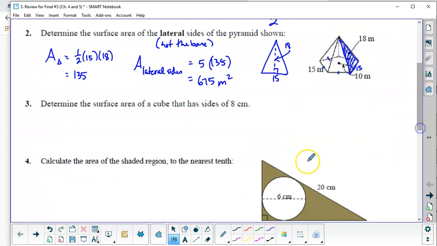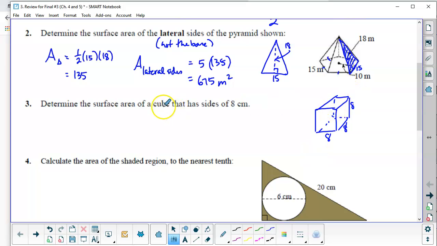All right, next one, determine the surface area of a cube that has sides of 8 centimeters. So think about a cube. All the sides are squares. Okay, so close enough. It's not quite perfect, but all of these sides are 8.